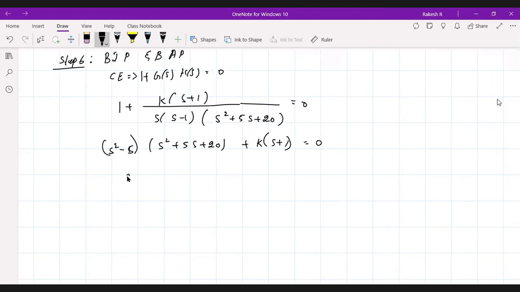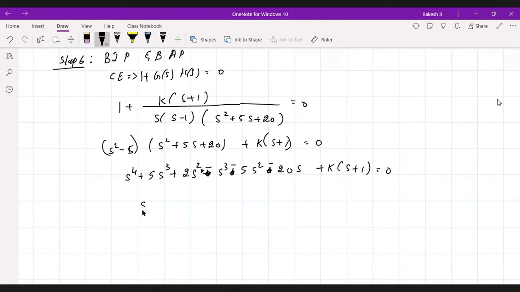So this becomes s raised to 4 plus 5s cube plus 20s square, minus s cube, minus 5s square, minus 20s, plus K into s plus 1 equals 0.